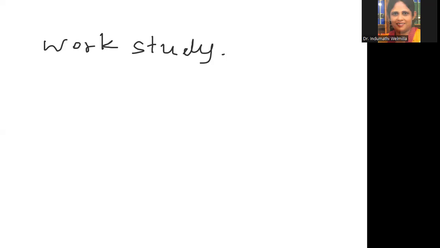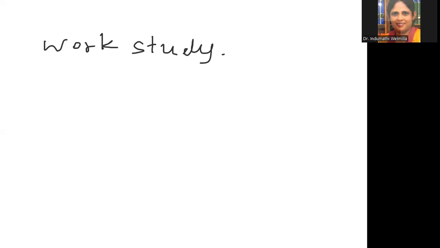When we consider work study, it can be defined as a general term for those techniques, particularly method study and work measurement, which are used in the examination of human work in all its contexts, and which lead systematically to the investigation of all the factors which affect the efficiency of the organization, in order to effect improvement.